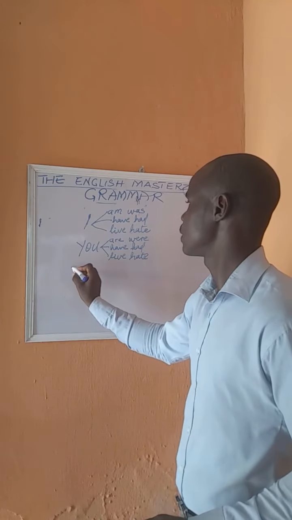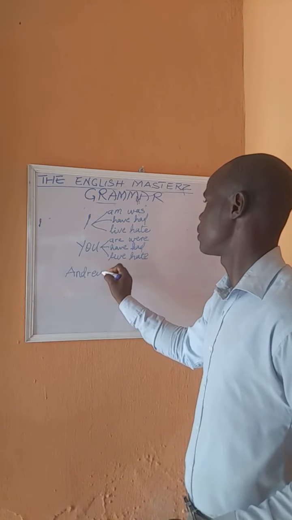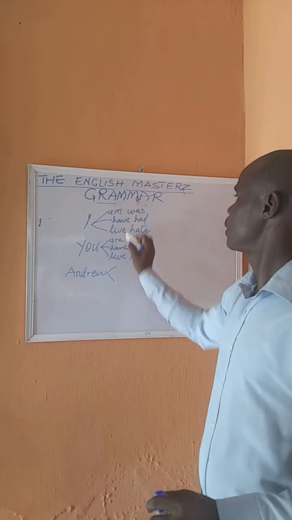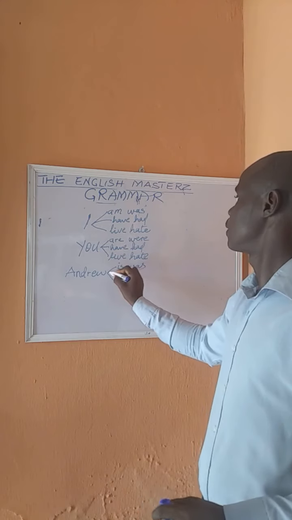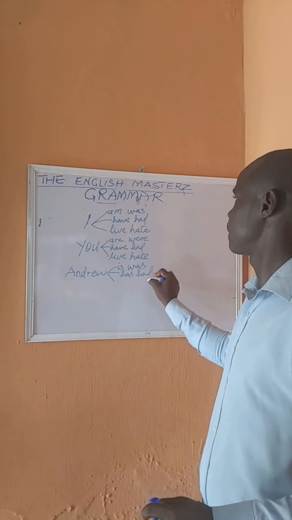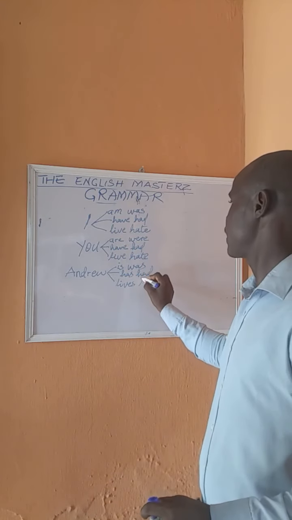Let's use the word Andrew. One person. Now you see, is, was, okay, has, had, lives, hates.